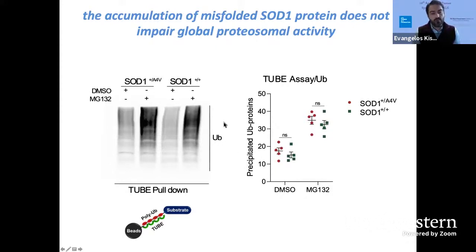We also looked at the ubiquitin flux after blocking the proteasome using MG132. And while we show a significant accumulation of ubiquitinated proteins, there was really no difference between these genotypes.